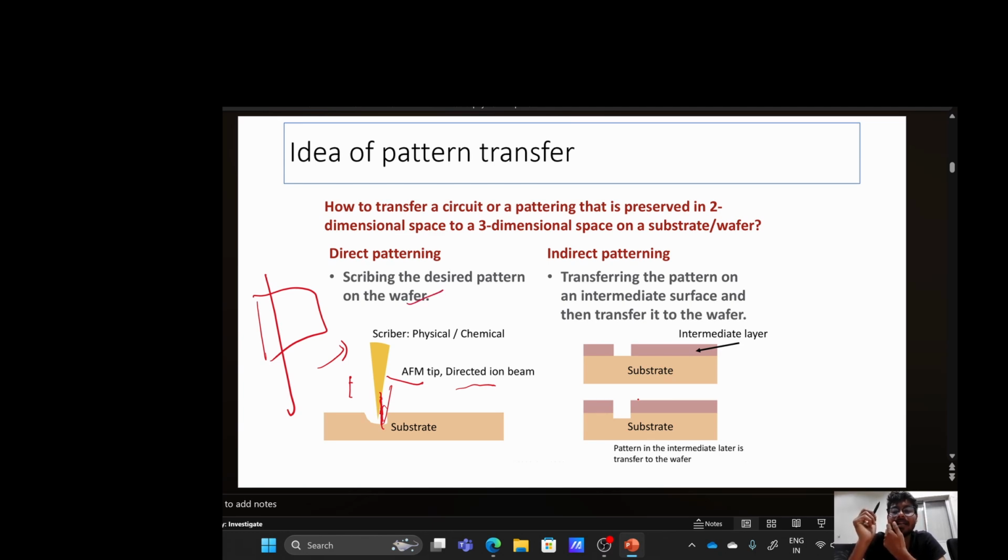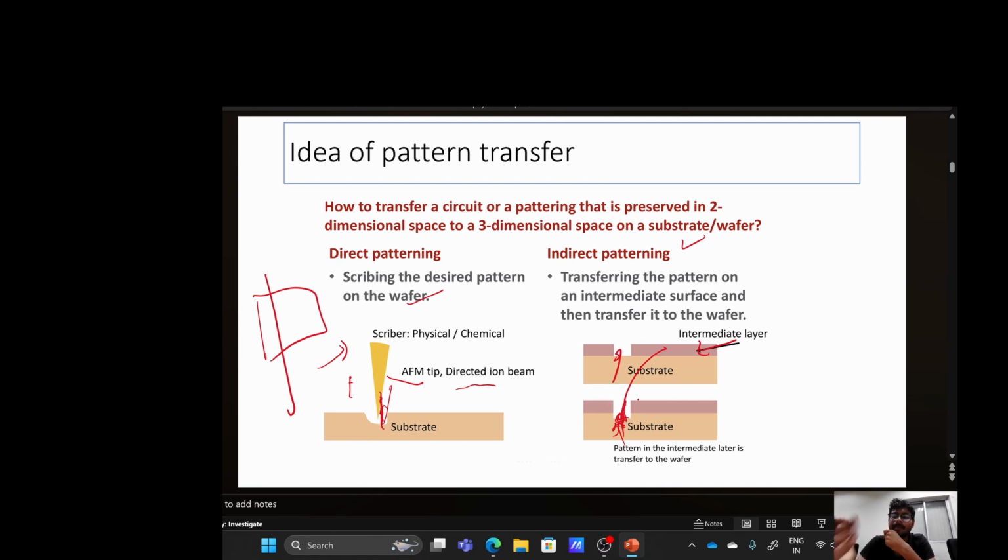Then another method is indirect patterning. Transfer the pattern onto an intermediate layer, then etch the substrate from this part by chemical or other physical means, and most of these are used for dry etching. That is a part of this course, where you will learn how you can transfer the pattern on the substrate. There is chemical etching, wet etching, and dry etching.